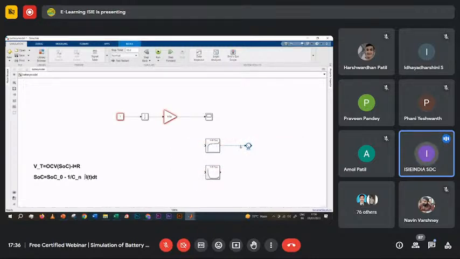This one will be connected here. This is my OCV, which is connected to this one. This one is I into R. So I is this one, and this one is the resistance R. This one is my R value, and this one is my I value.